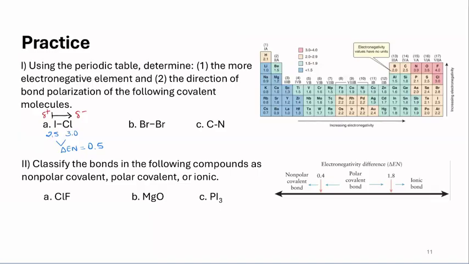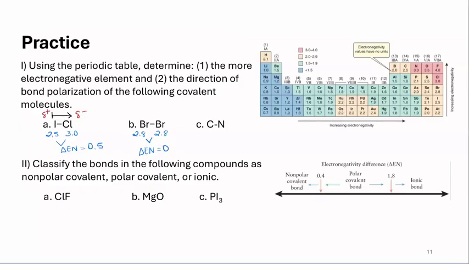Now let's do example B. We have bromine and bromine. When I look specifically at the electronegativity value for bromine, it is right here. It is 2.8. So each bromine gets an electronegativity value of 2.8. When I look at the difference in electronegativity, that difference is 0.